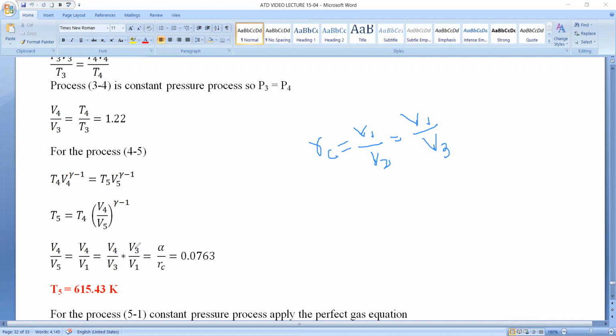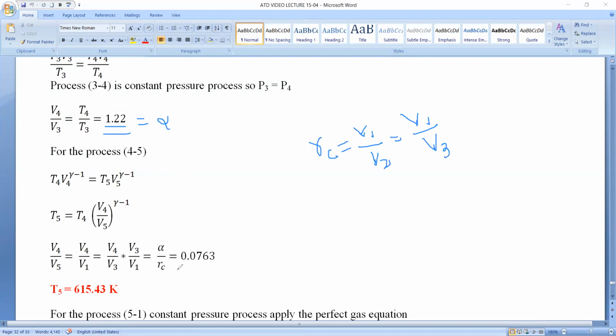So V1 by V3 is RC, and V3 by V1 is 1 by RC. So V4 by V1 can be written as alpha by RC. Alpha is 1.22, the cutoff ratio. V4 by V3 is alpha, divided by RC, which is 16, given in the problem itself.